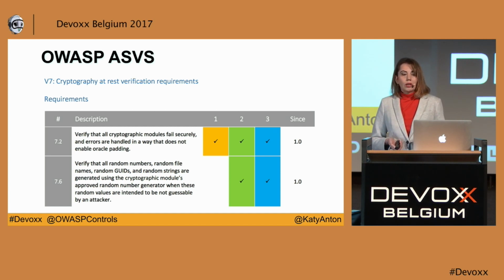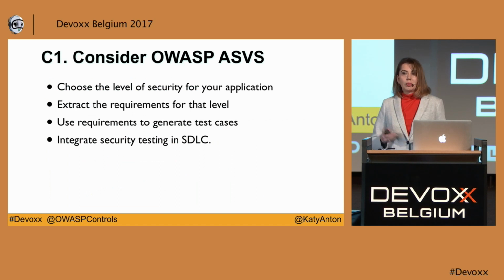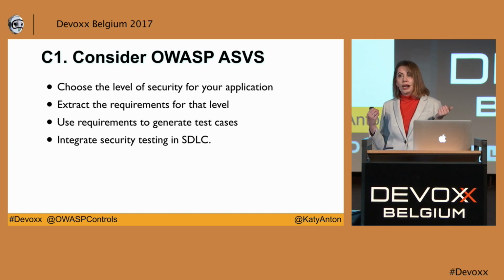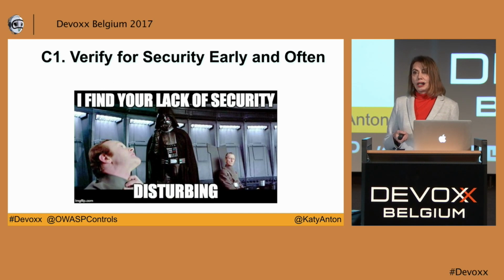So we can use a document like ASVS that helps us to choose the appropriate level of security for our own application. From there, extract those requirements appropriate for that particular level and use them in the software. Furthermore, we can use those requirements to generate the test cases that can help us to verify for security early and often. And this is control number 1, verify for security early and often.